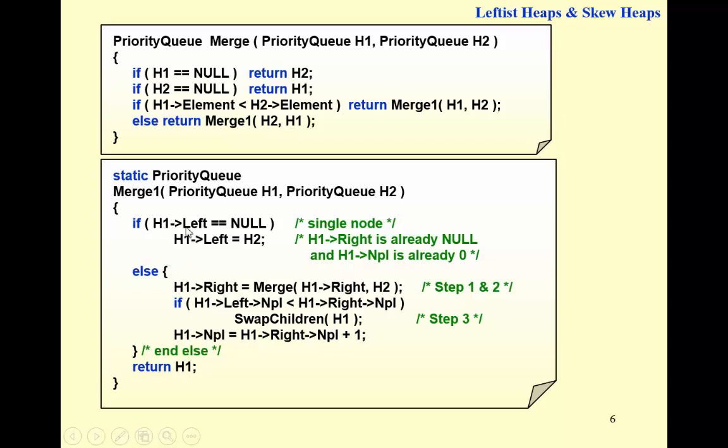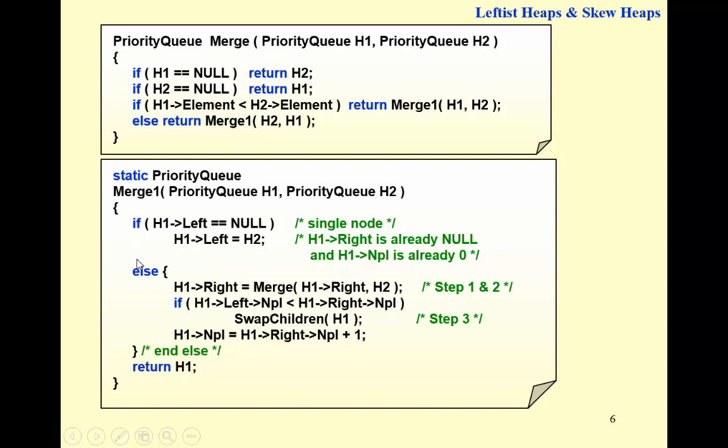So if it has no left child, it must be a single node. Then what we do is simply attach H2 to be the left subtree of H1. The null path length of H1 was 0, and it remains 0 after this step. So it would be silly to first attach H2 to be its right child and then swap its left and right children. It's not necessary.